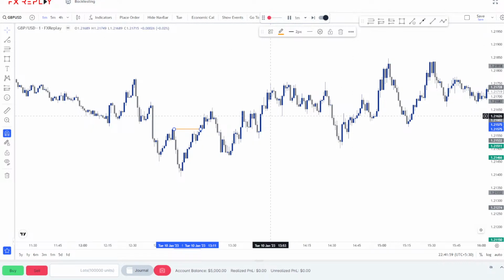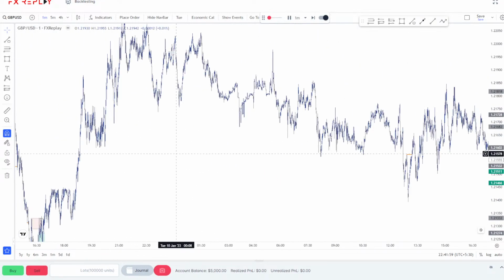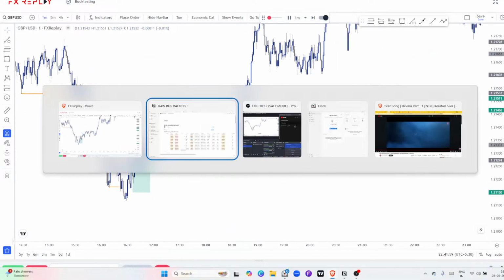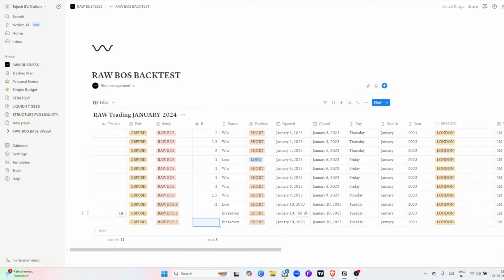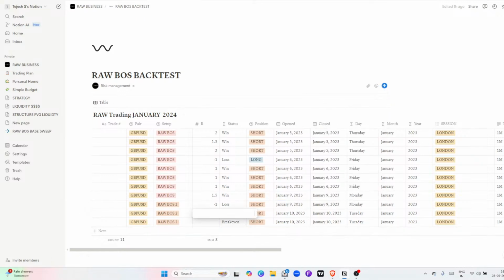So we finished this and it broke the structure above. Wait a minute. I think it was a different one that we looked into on the 10th. Yeah, this is 10th. 10th was also a loss. It was short.